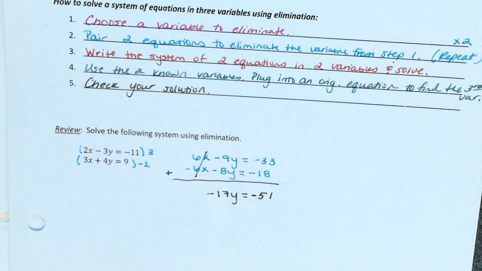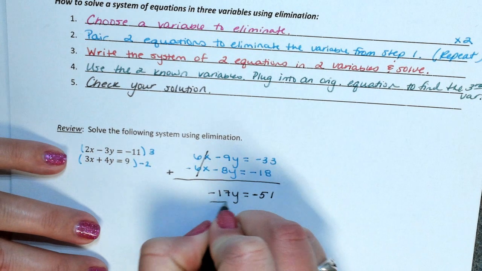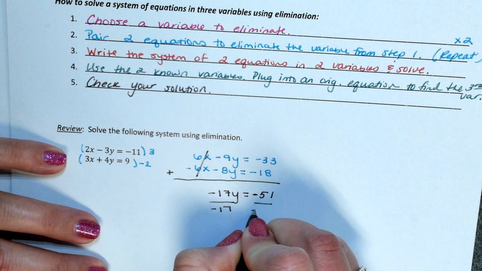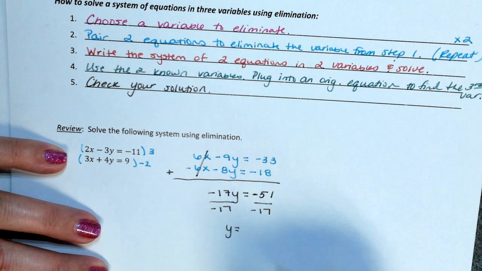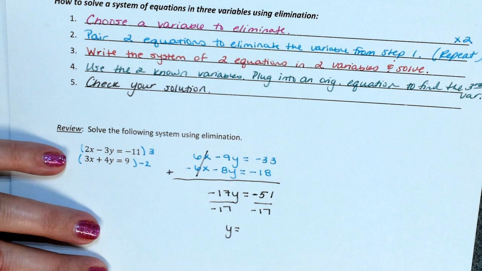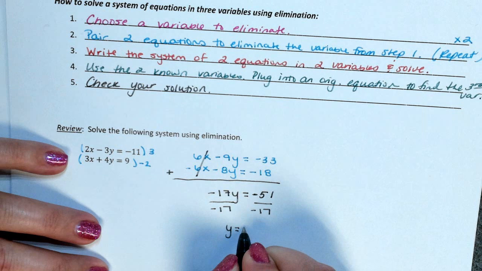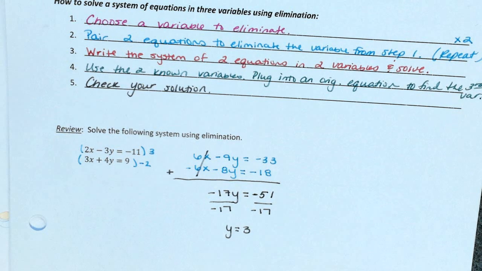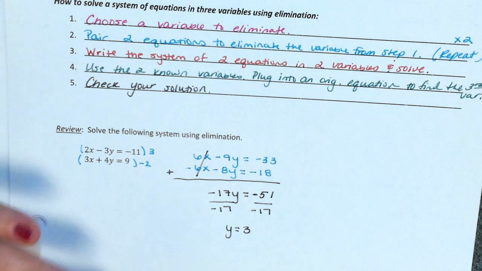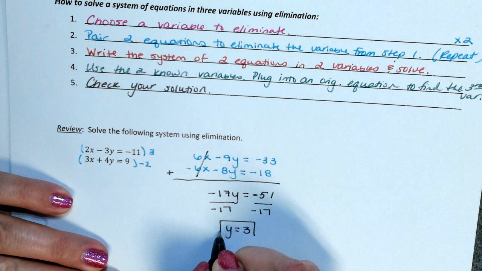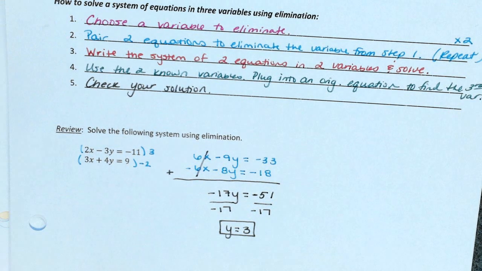What do I do from here? Get the y alone. Divide by negative 17 on both sides. Negative 51 divided by negative 17 is going to be a positive 3. I have one of my variables here. I need 2 of them, though.